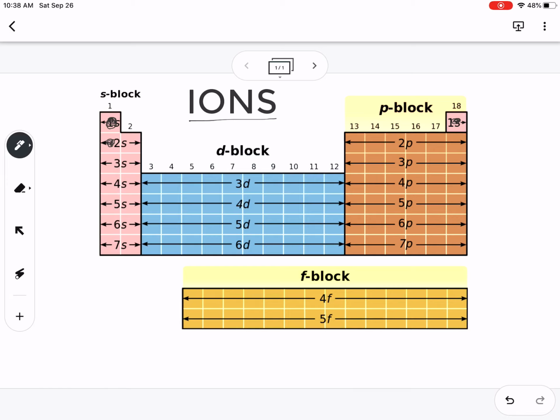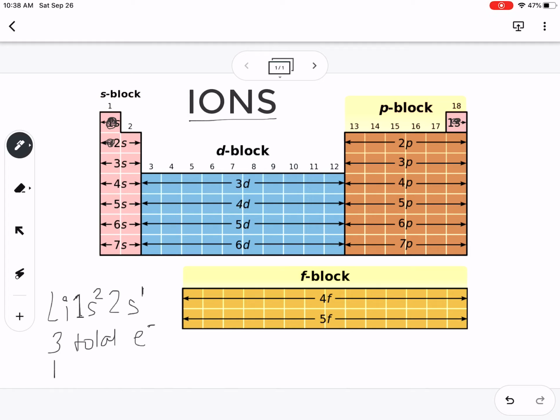So we would just write that as lithium 1s2, 2s1. And that tells me that there are 2 electrons in the first energy level and 1 electron in the second energy level. So I know it has 3 total electrons.